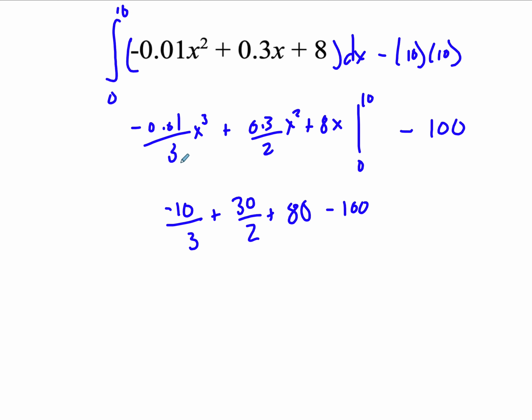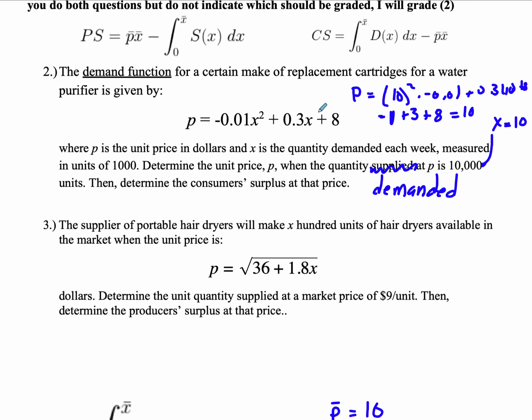So again, the idea is you integrated this: 0.01 over 3 x cubed, 0.3 over 2 x squared. Think about how that would cancel out, integrated from 0 to 10. And remember, the 10 comes from plugging in 10 for x and figuring out the corresponding p, because we got 100 times this: negative 1 plus 3 plus 8.